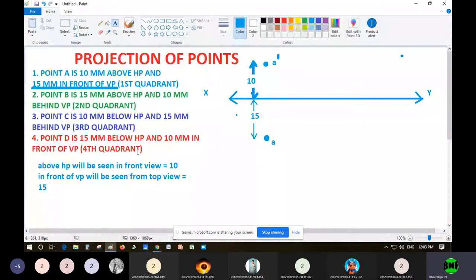Now let us solve the second sum. The second sum is in green. Point B is 15 mm above HP and 10 mm behind VP. Remember, 15 mm above HP and 10 mm behind VP. I have already told you above HP, that distance is seen from the top, in the front view. So my dear students, you have to select the point and draw the distance 15 mm above. This 15 mm above, you have to draw above the XY line, right? It will be nearly here.